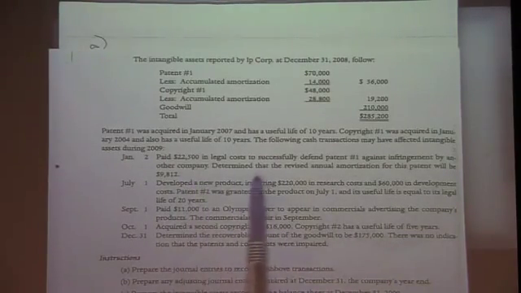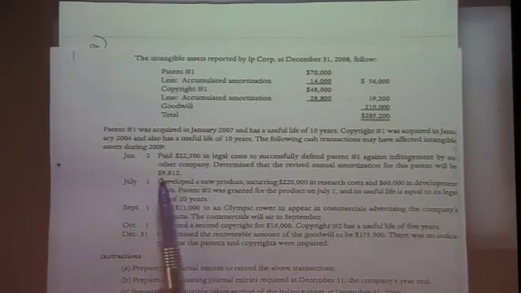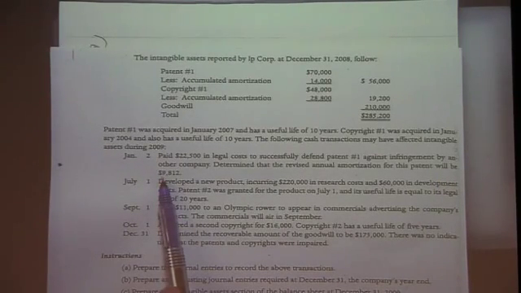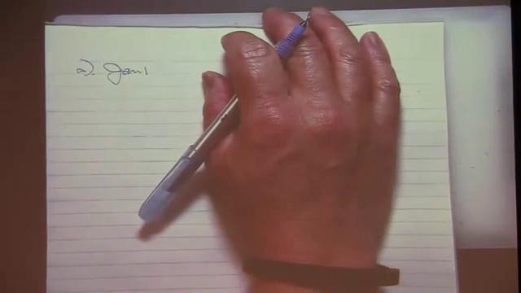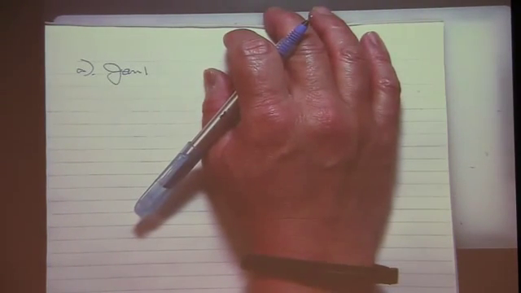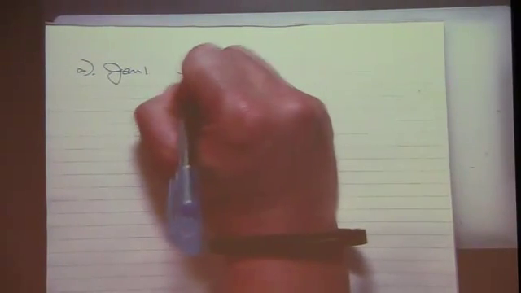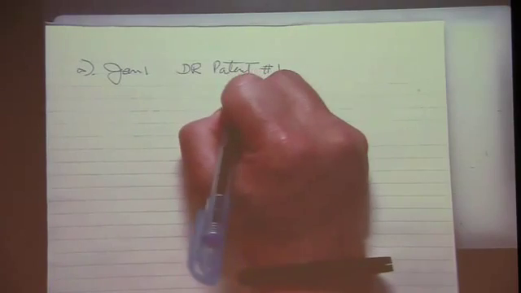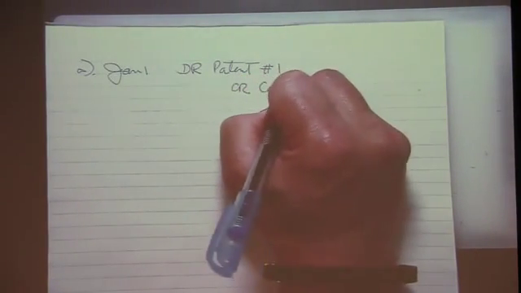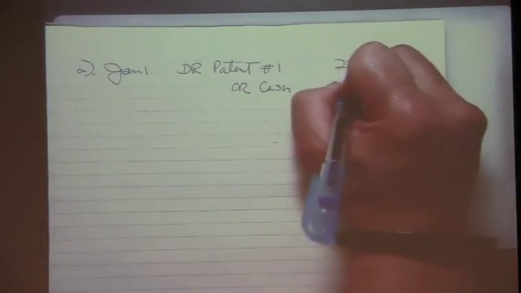And it says here, determine the revised amortization of patent will be 9812. So that's going to be our revised amortization on the patent. So let's do that one first. On January 1st, given the fact that the legal cost was successful and we're able to defend against patent infringement, we're going to debit patent number 1 and credit cash for $22,500.